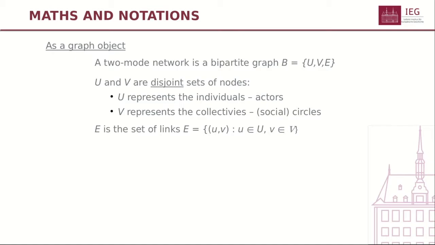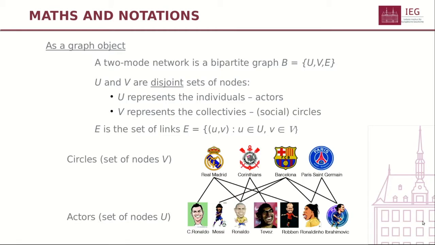We read this mathematical notation like this: we have a link between nodes u and v such that node u belongs to the set U and node v belongs to the set capital V, let's say. Okay, and that's all. It's simple like that. Then what I like to do is to use this toy network here to illustrate what I'm saying.